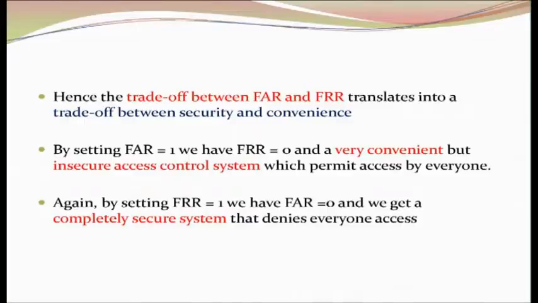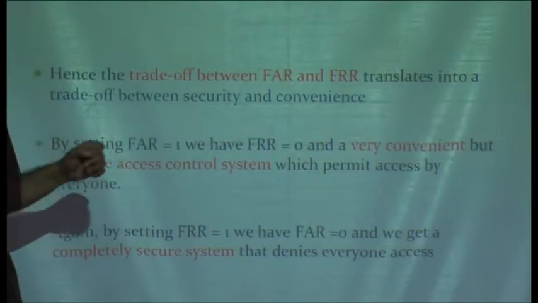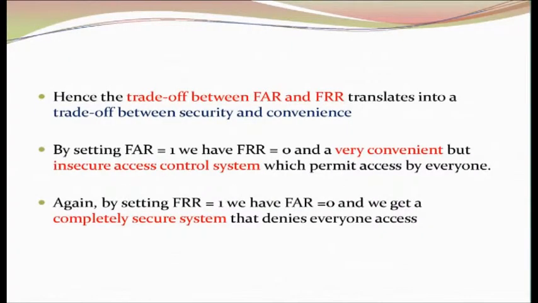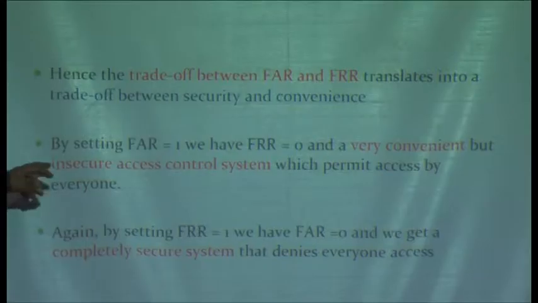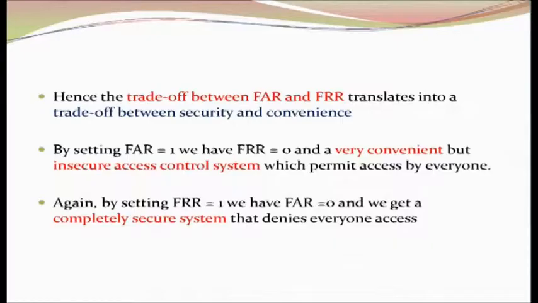Now, what does it mean to set the false acceptance rate to 1? It means that the false rejection rate is 0. That means everybody will be allowed to enter. That means security is chaos, right? It is a very insecure system. Everybody is allowed to enter. And if FRR is 1, the false rejection rate is 1, obviously the false acceptance will be 0, right?